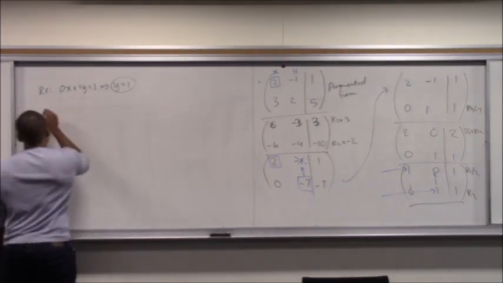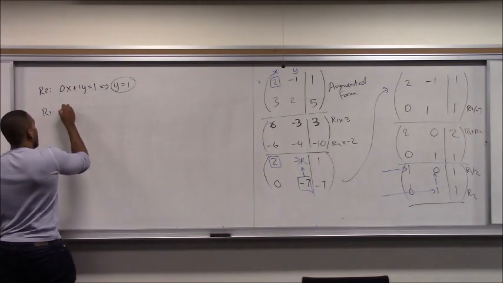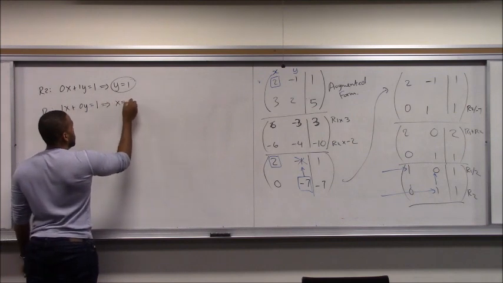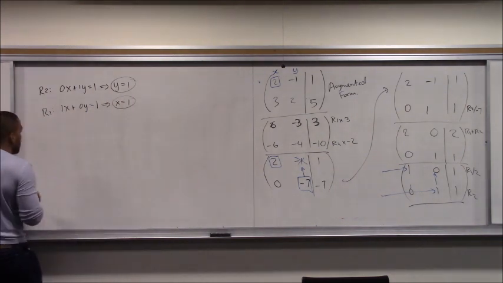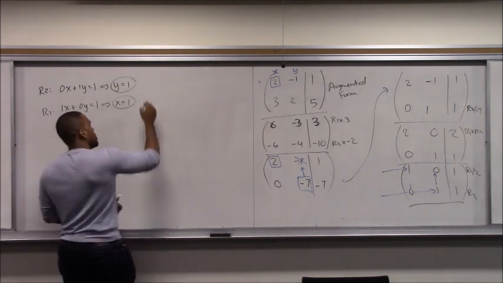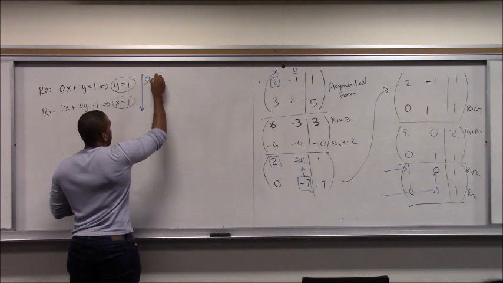And then row 1 is basically saying 1x plus 0y equals 1, which now tells me x equals 1. Right? And I mentioned this last time as well, but just to remind you, start with the bottom row, work your way up.